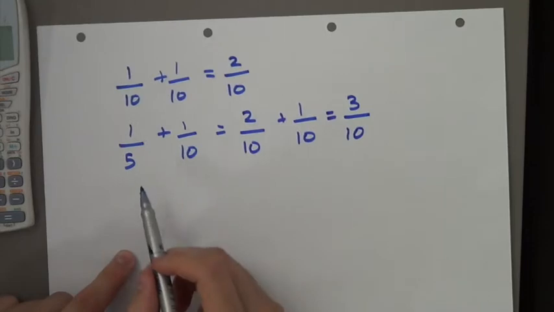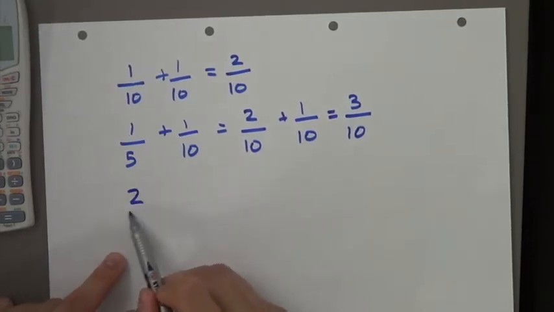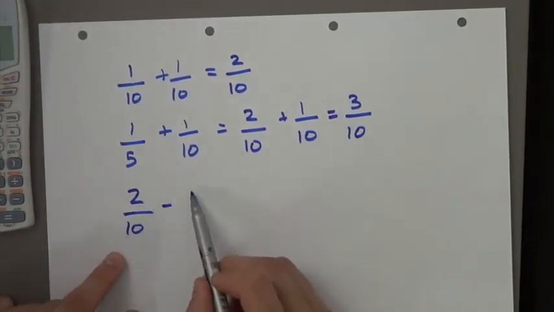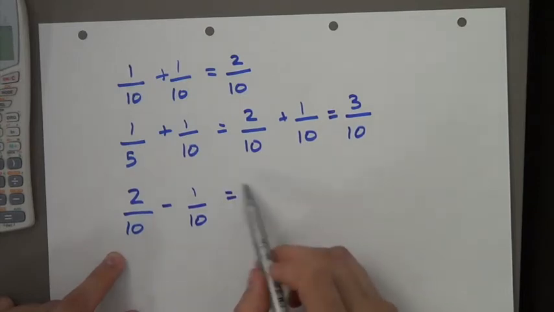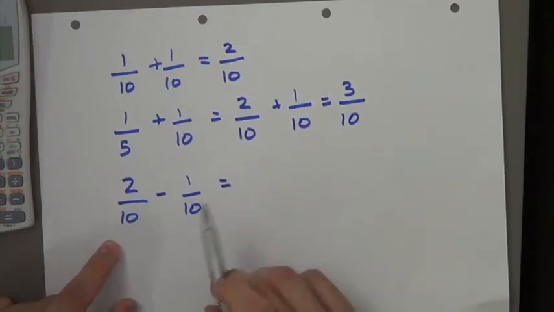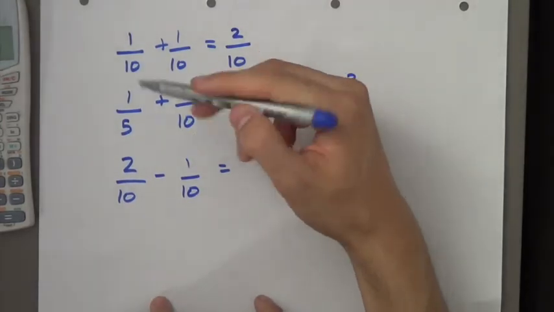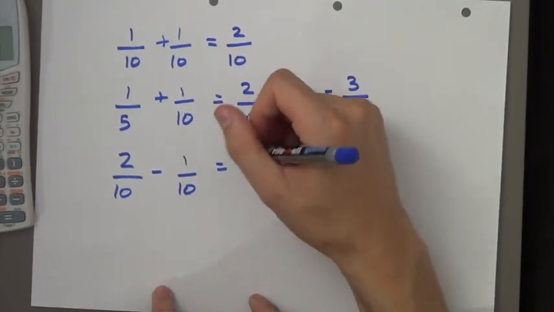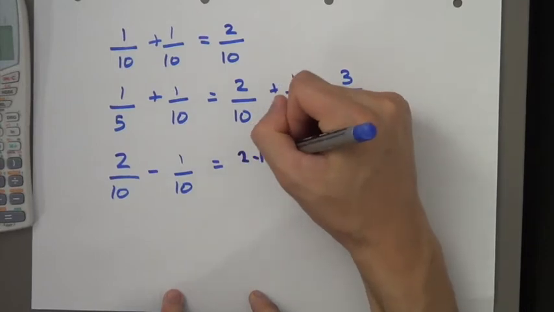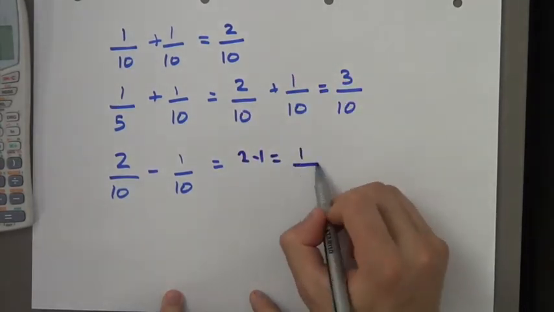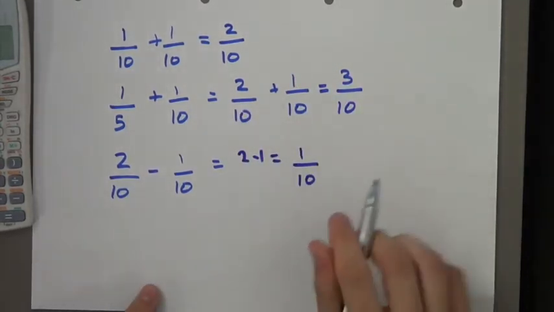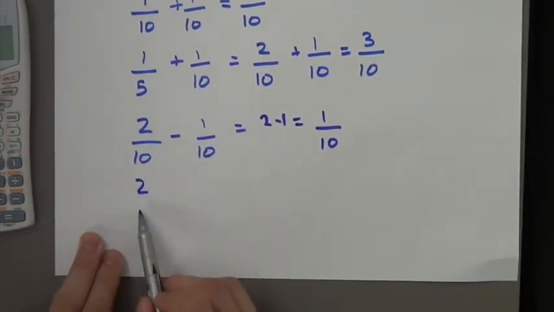Okay, and the same thing again, 2 over 10 minus 1 over 10 is, because the denominators are the same, I can just do the numerator subtraction. So 2 minus 1 equals 1. This gives me 1 over 10. Okay, again, let's just do a quick example.